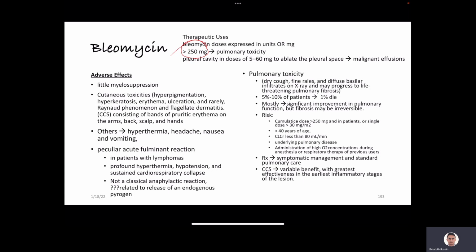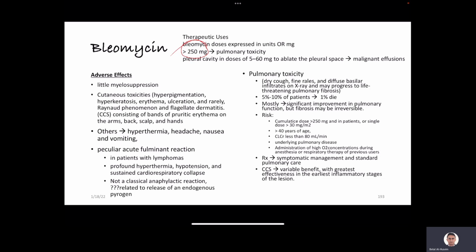In some other references, you would see that, or the patient is elderly, or he has received chest radiation. There are multiple risks for the pulmonary toxicity. Some of them are mentioned here, and some are not.